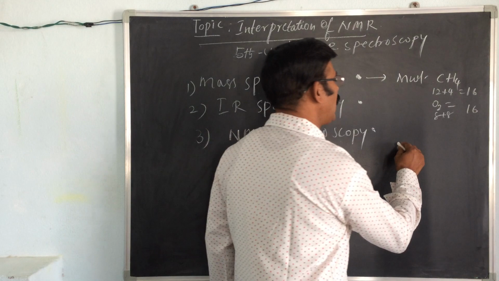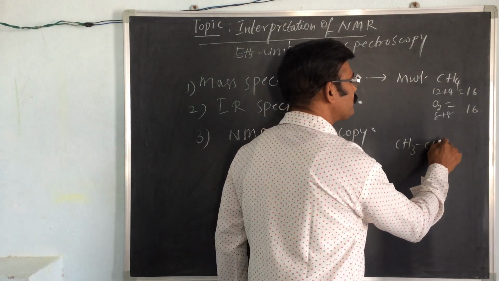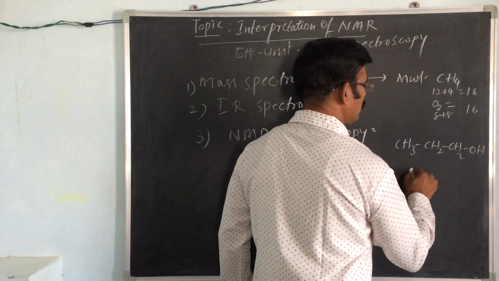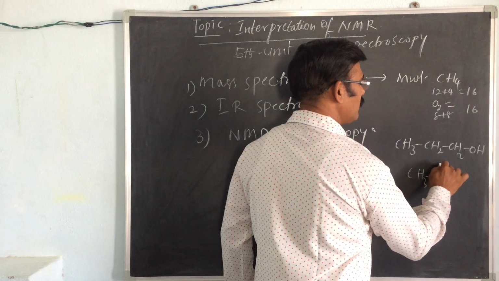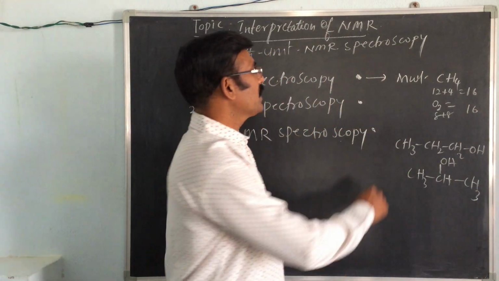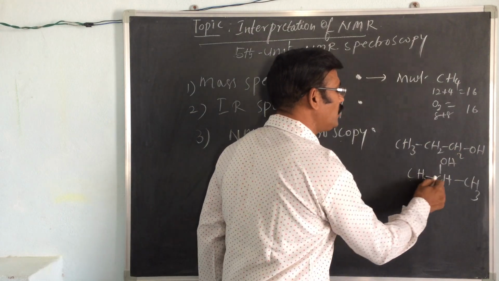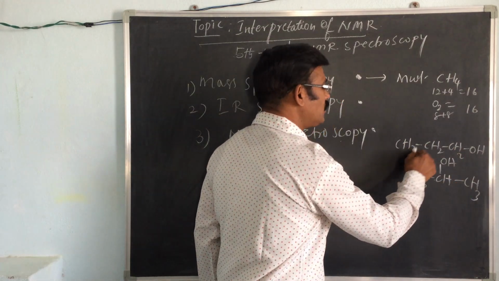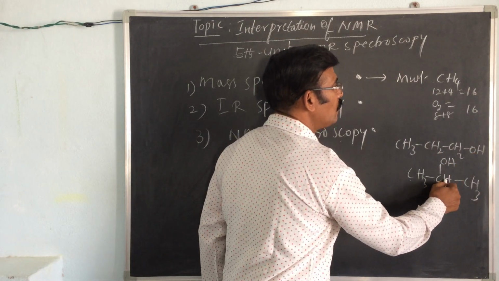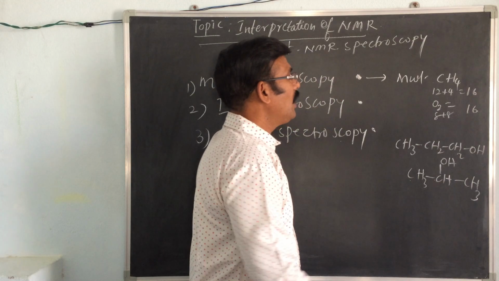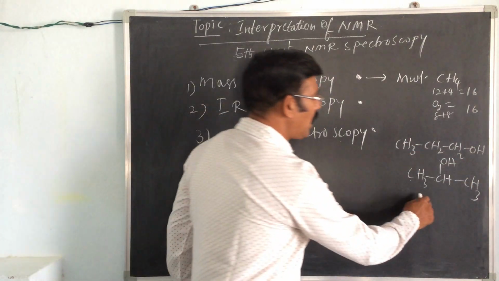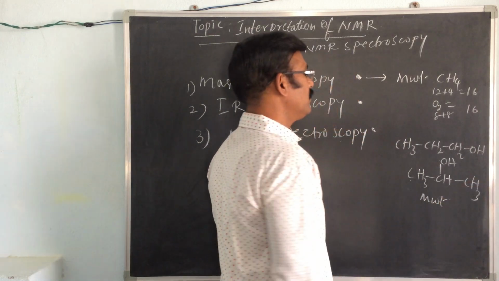For example, one more: propanol. Here, see, 1, 2, 3 carbons. 1, 2, 3 carbons. 3 hydrogens, 3 hydrogens; 2, 2, and 4, 5; and 1 oxygen, 1 oxygen. Molecular weight is also the same.